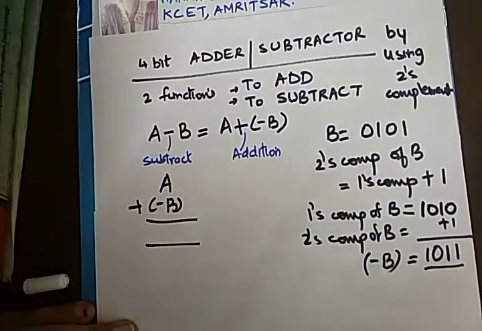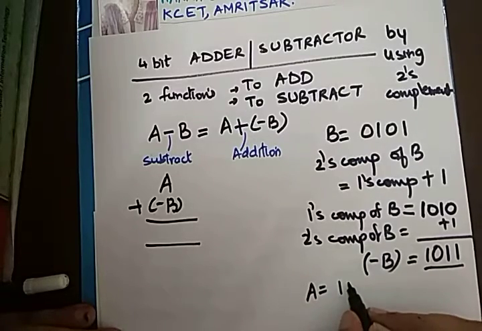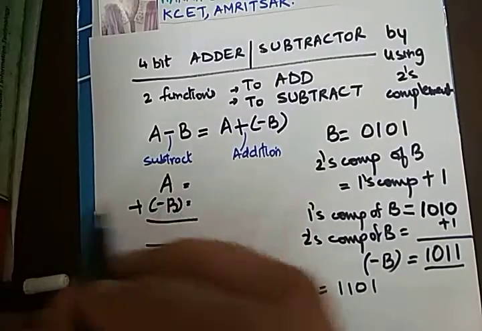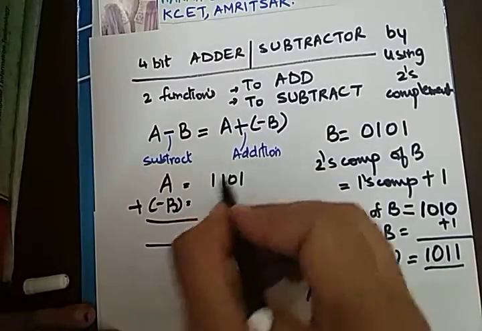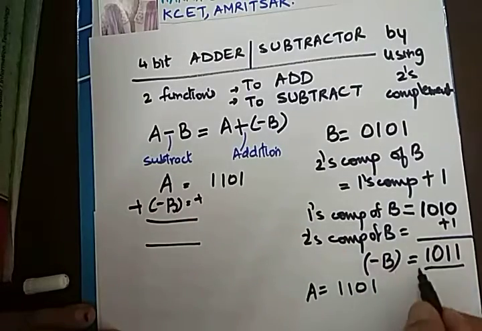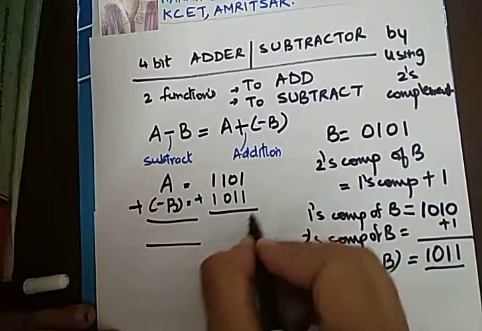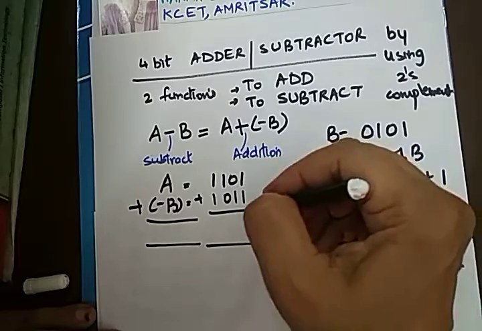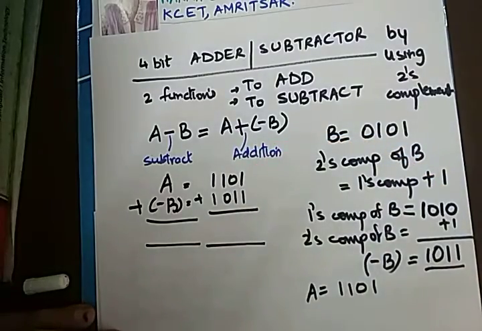So coming back over here, if our example was of a number 1, 1, 0, 1, we perform this operation by writing a as 1, 1, 0, 1, adding minus b 1, 0, 1, 1, and now the operation that will be done is nothing but a simple addition of 4 bits each.